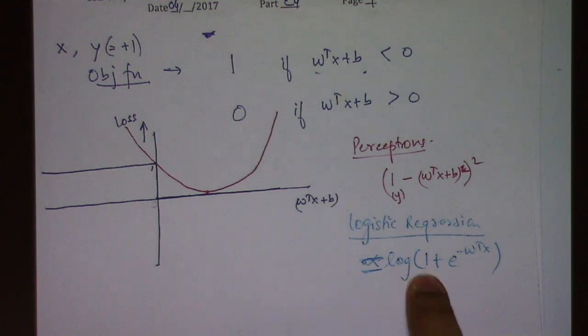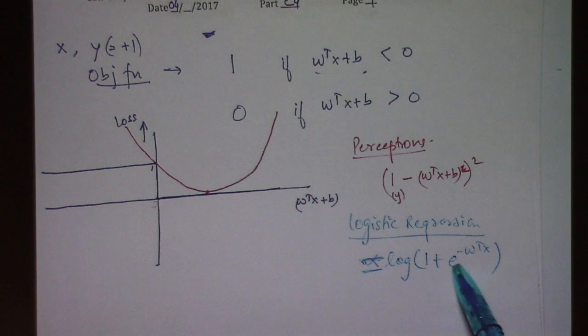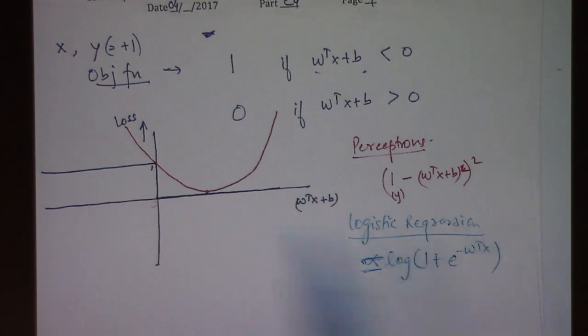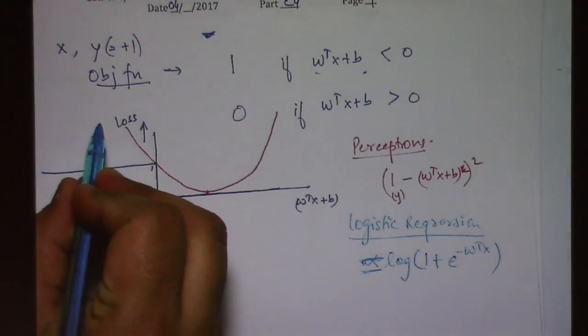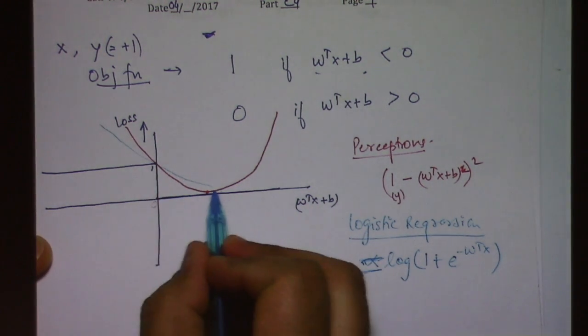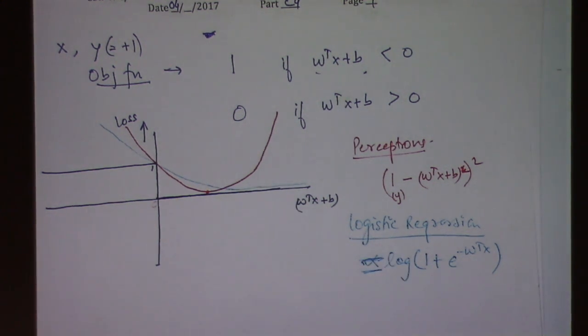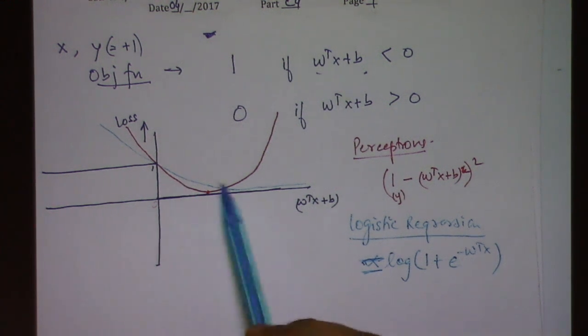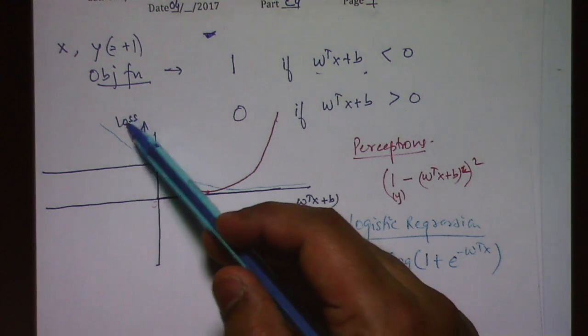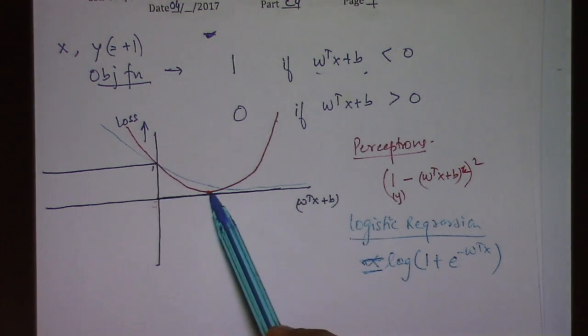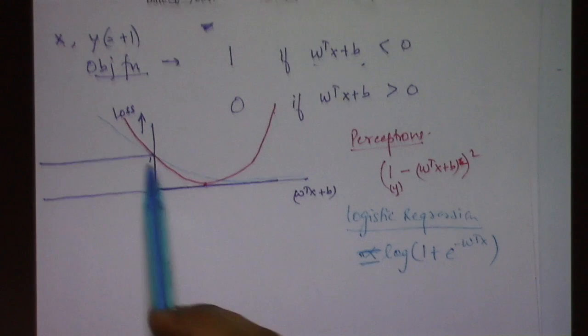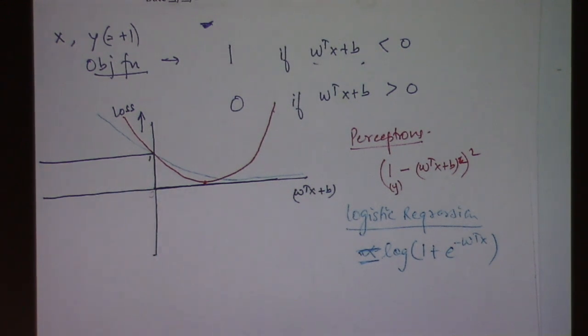If I plot this, when W transpose X is 0 here, this thing is going to be 1, but this is a log function, so this will look like this. Of course, it never asymptotically goes to 0, but this is how the log loss will look, which means that it's doing slightly better than squared loss, because in squared loss you are penalizing it once it is greater than 0. Here you are penalizing it, but you're penalizing it less and less and less, right? So this is logistic loss.